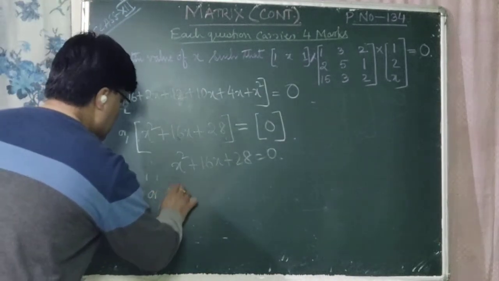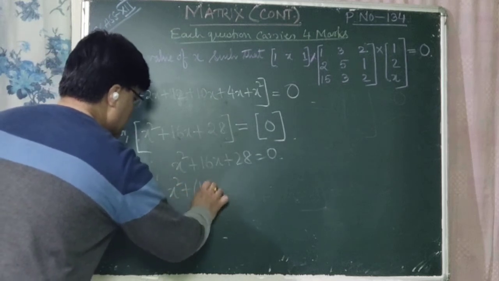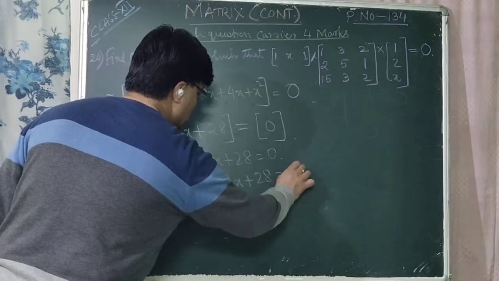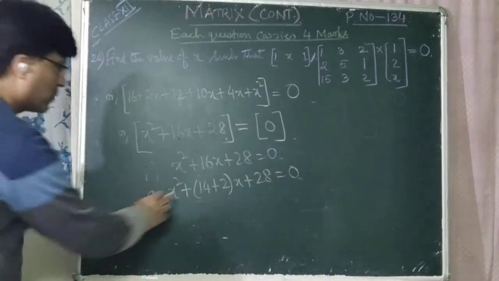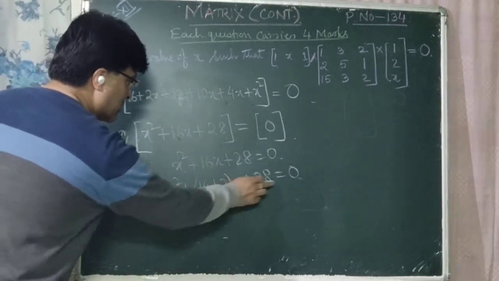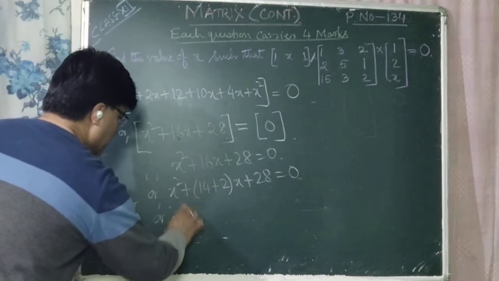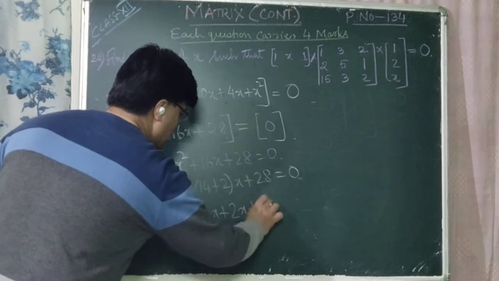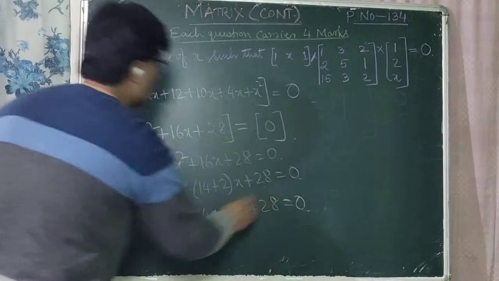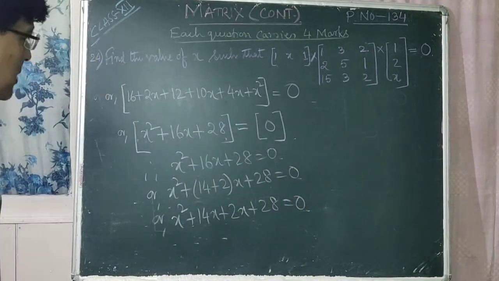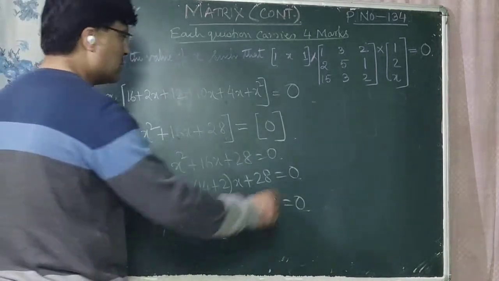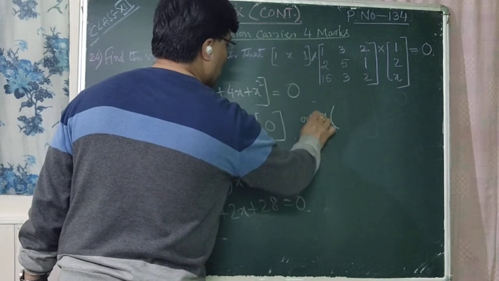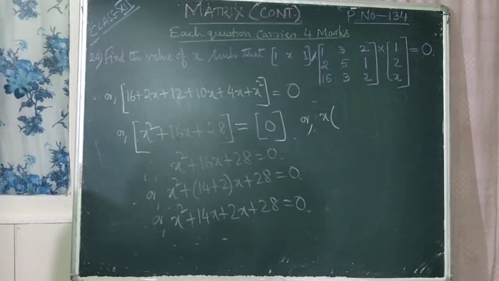So it is x square plus 14 plus 2 into x plus 28, which is equal to 0. 14 plus 2 is 16, 14 2s are 28. Or x square plus 14x plus 2x plus 28 is equal to 0. Is that clear? Now let us simplify it. X is common from the first two terms, isn't it?